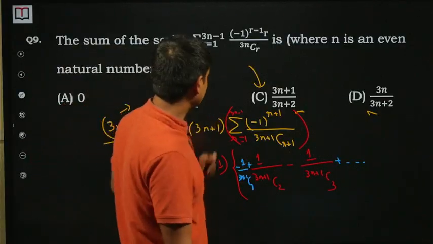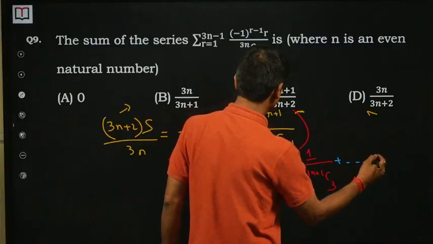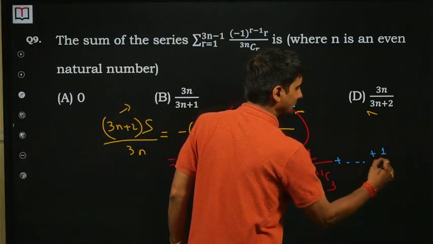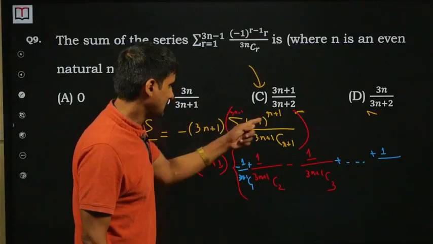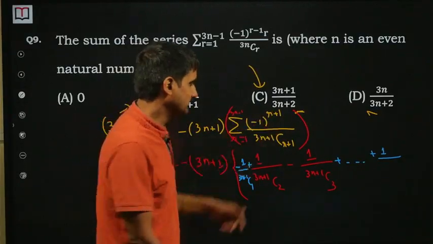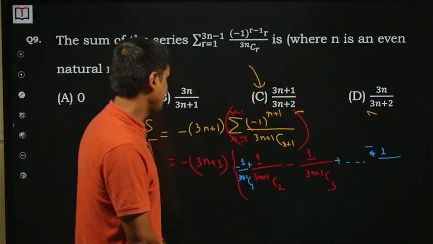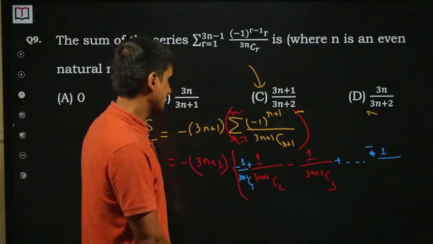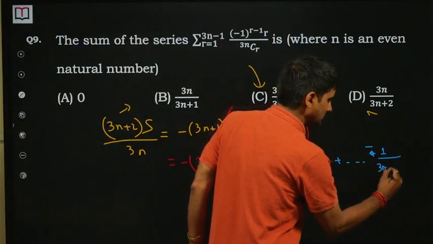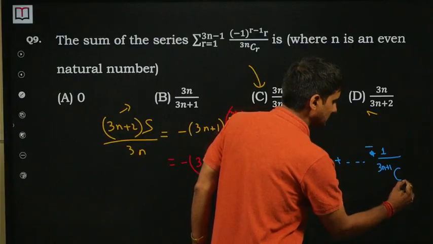For r equal to 3n minus 2, it will be plus 1, because r is 3n minus 2 plus 1, 3n minus 1. It will be minus 1 upon 3n plus 1 C 3n.